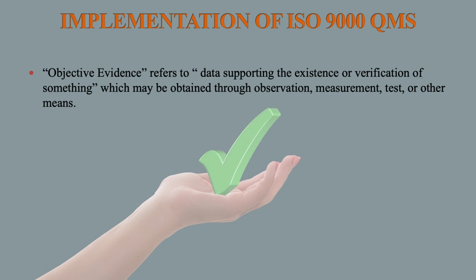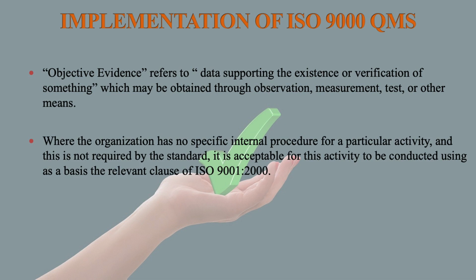Objective evidence refers to data supporting the existence or verification of something, which may be obtained through observation, measurement, test or other means. Where the organization has no specific internal procedure for a particular activity and this is not required by the standard, it is acceptable for the activity to be conducted using as a basis the relevant clause of ISO 9001-2000.